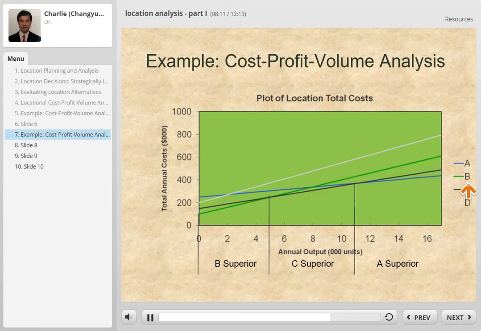So black is C, green is B. These two lines cross at this point, meaning that the total costs of these two locations equal each other at this point. And at this point is the crossing of the black line and the blue line, so C and A. When this is B and C, that is C and A.